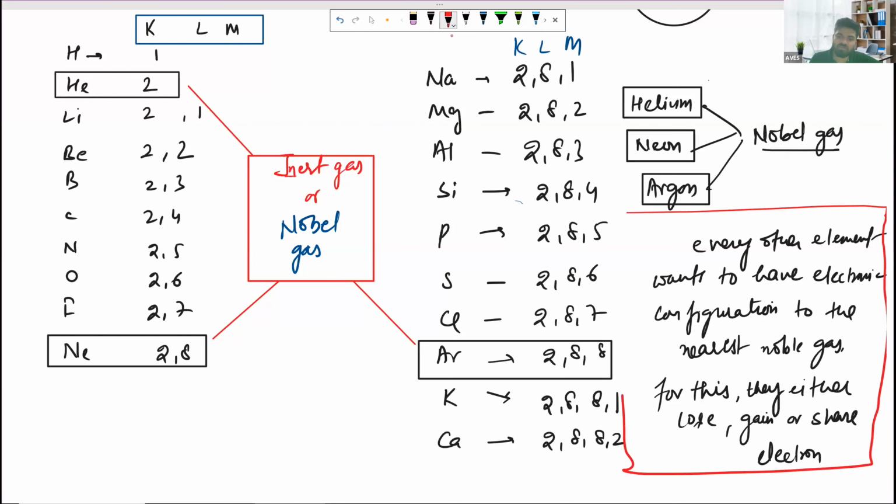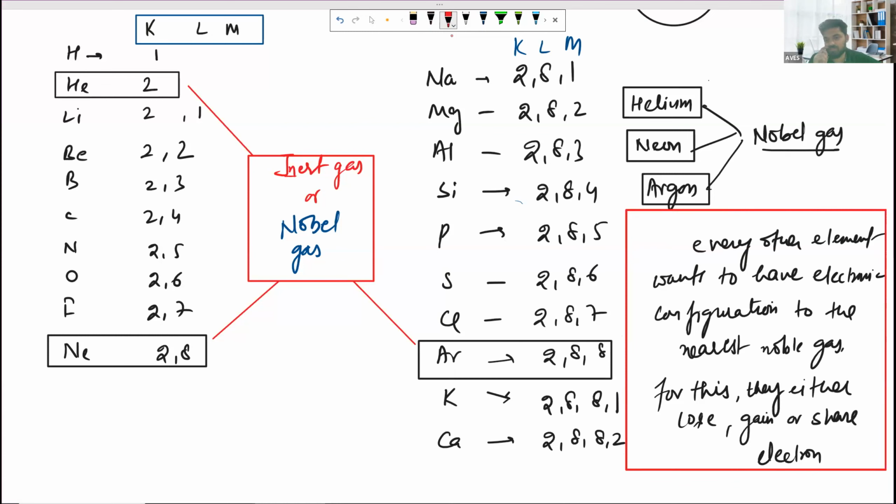Neon is the nearest noble gas to magnesium, and neon has 2, 8 electronic configuration. So magnesium will lose 2 electrons.